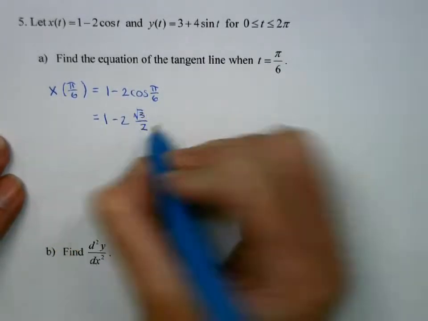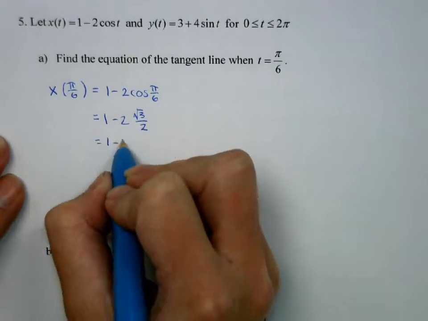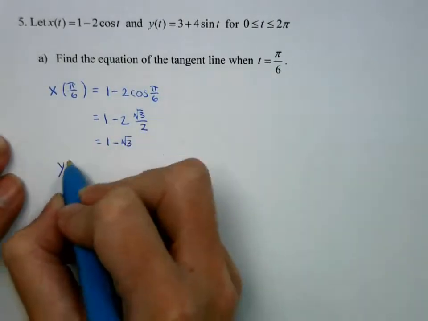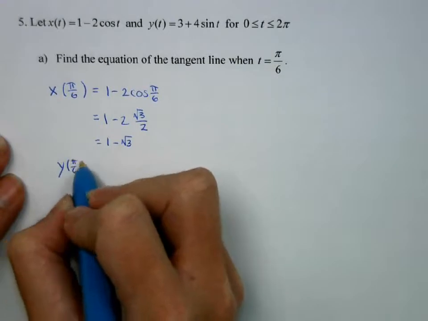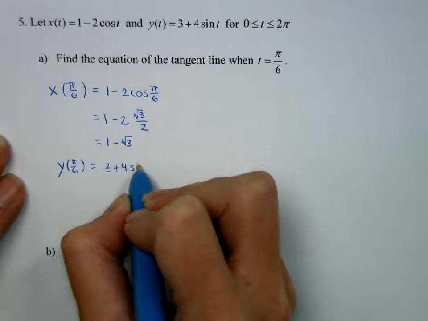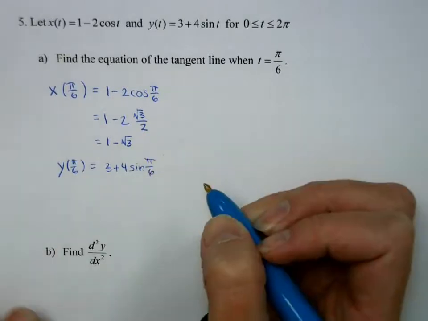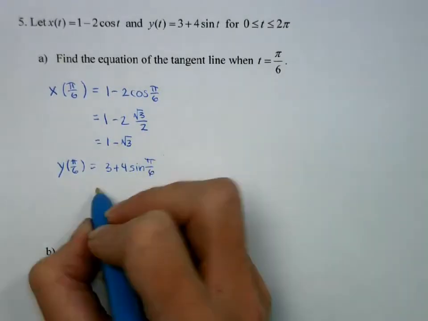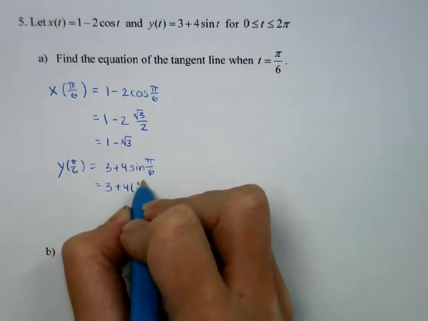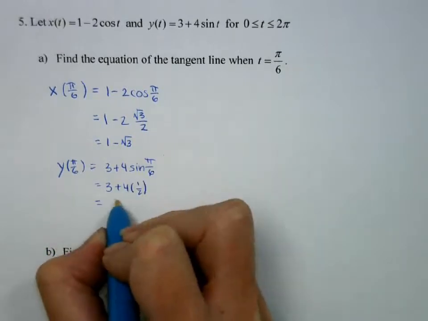So this is 1 minus root 3. My y coordinate at pi over 6 is going to be 3 plus 4 sine pi over 6. So 3 plus 4 times 1/2, which will be 5. So that's our point.